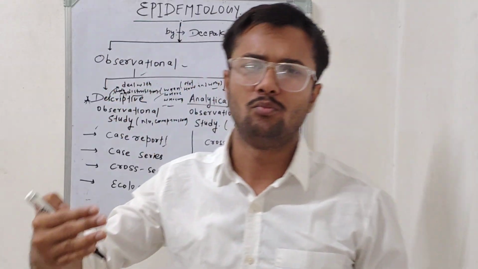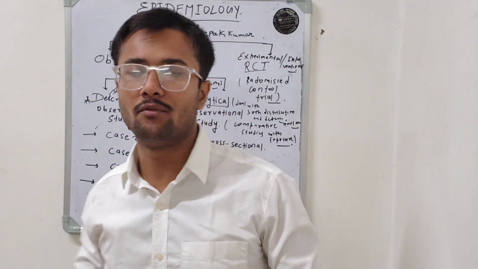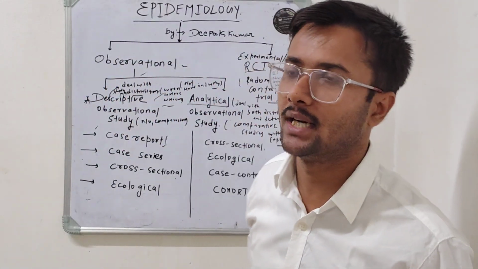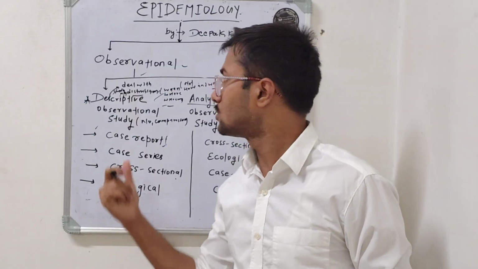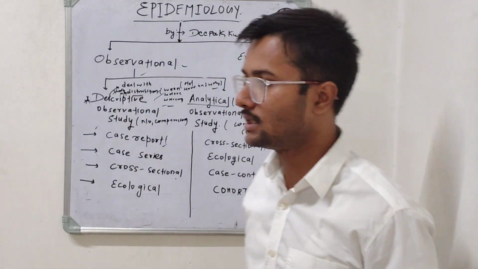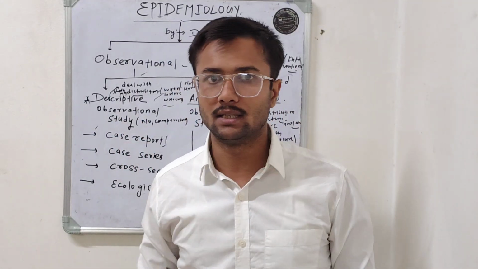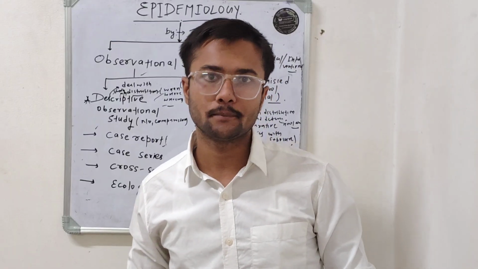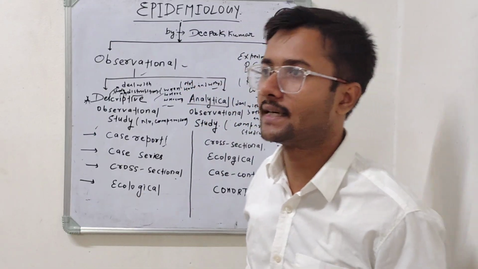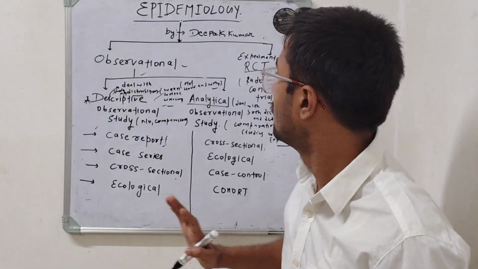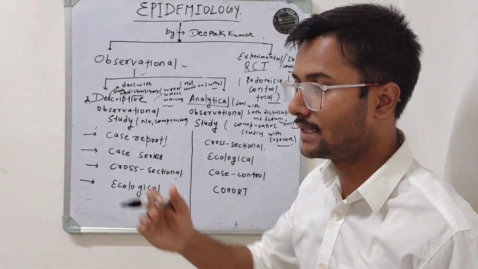That means, are more ladies affected, which age groups are affected more by this disease. So in a descriptive study, the researcher focuses on three things: where the disease occurs, whom it affects, and when it occurs, that is, the time.